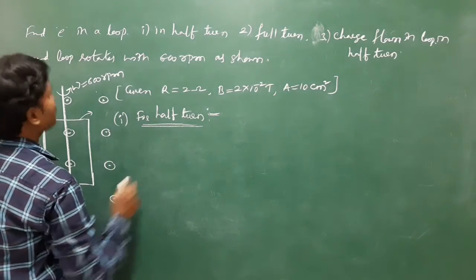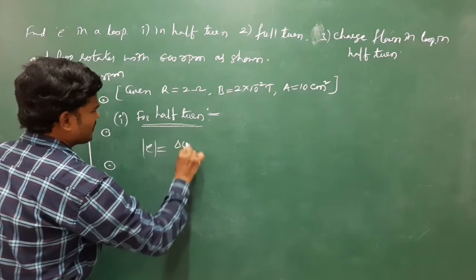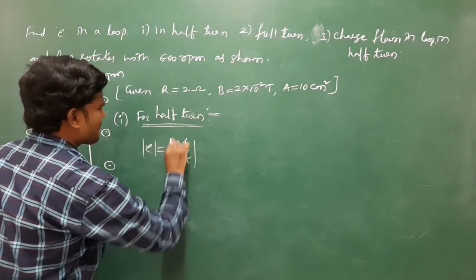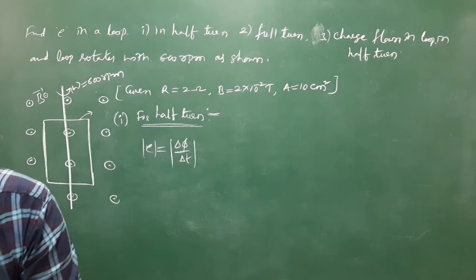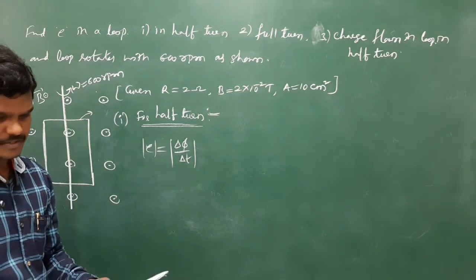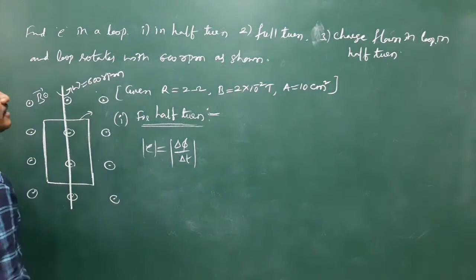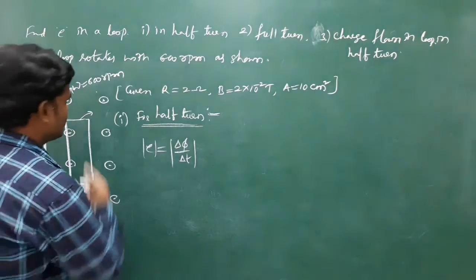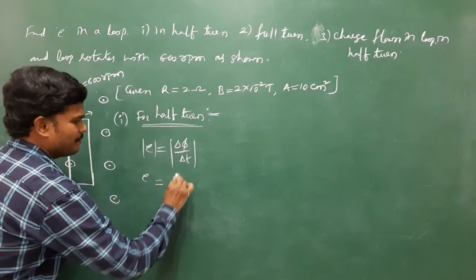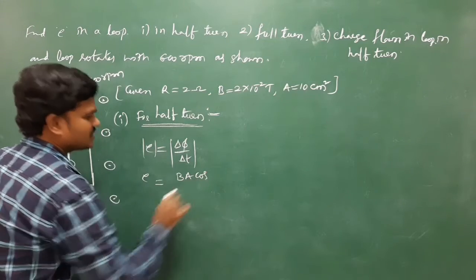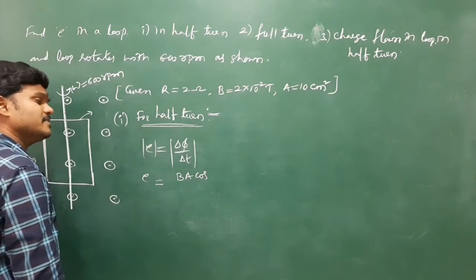Now the target is to find the EMF. Let me write directly: EMF is nothing but delta phi by delta t. Time is not given, but RPM is given, so we can get the time. EMF is equal to d phi by dt, which is BA cos phi f minus phi i, final flux minus initial flux.